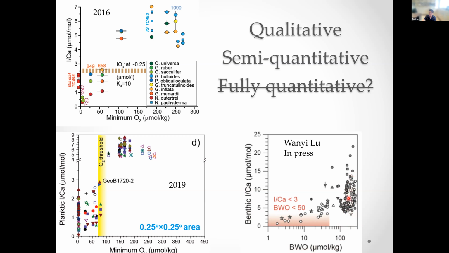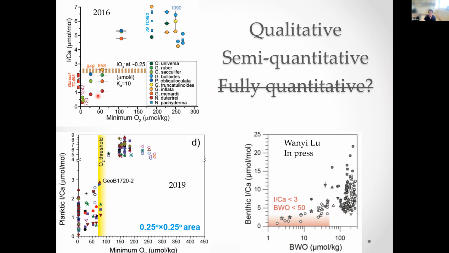As you go into lower O2 range, iodine to calcium generally stays fairly low. There's always the temptation to put a line through this kind of calibration and fit an equation.